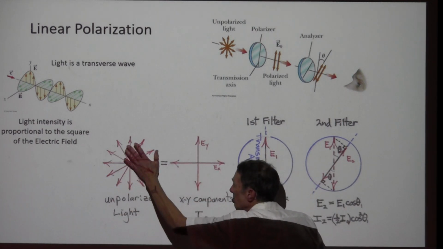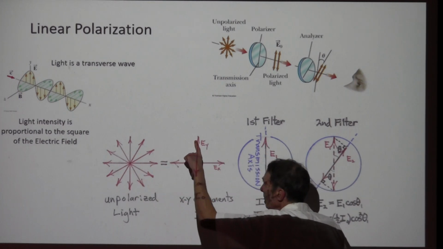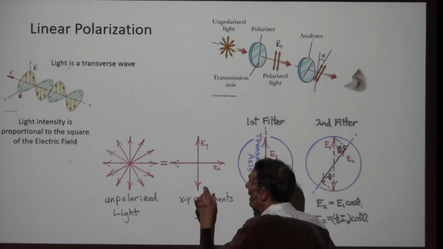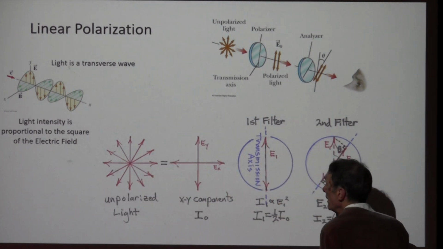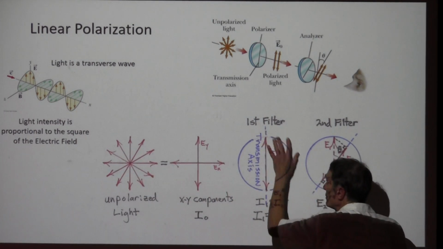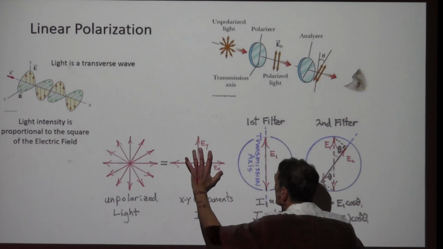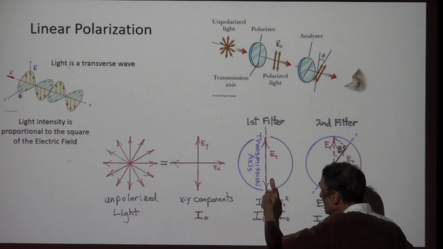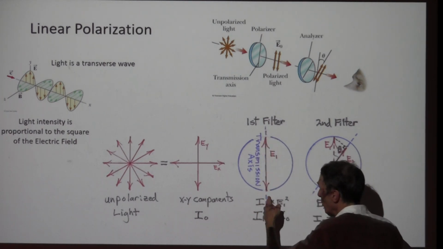If it's truly unpolarized, these are going to be identical. So I've got two of these, and this is just the equivalent of unpolarized light. Then I take my first polar filter and put it on top of this thing, and it's got what's called a transmission axis along one direction of it. We need to kind of know what that is.